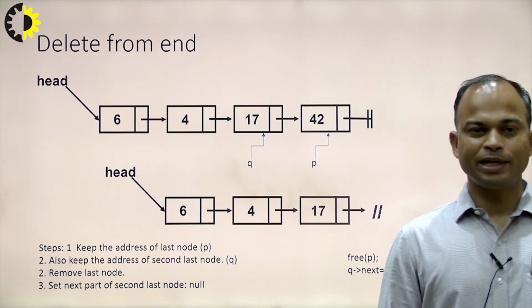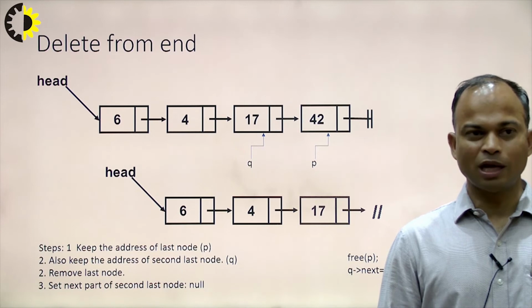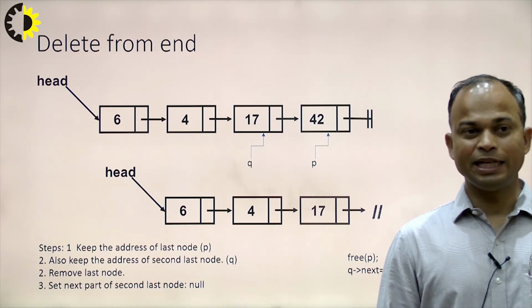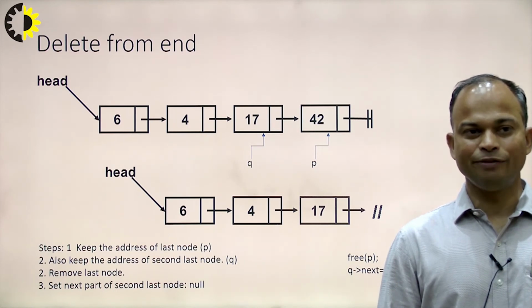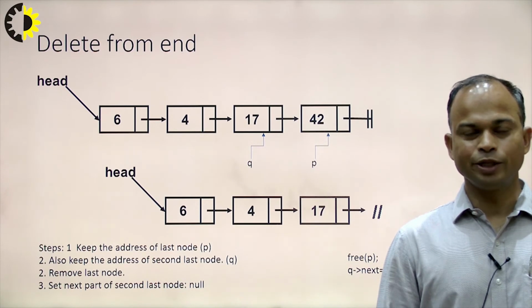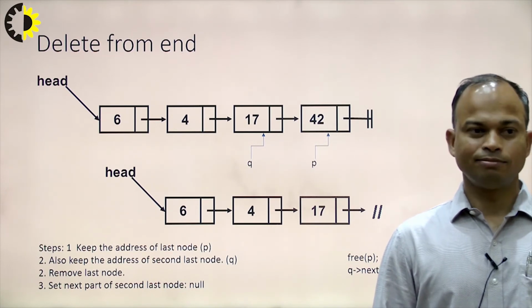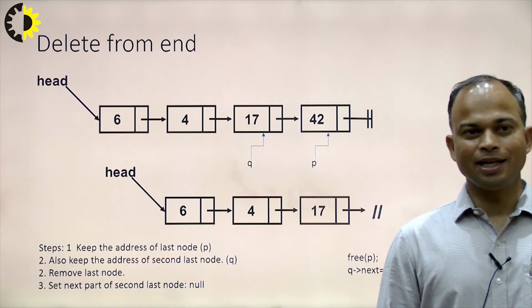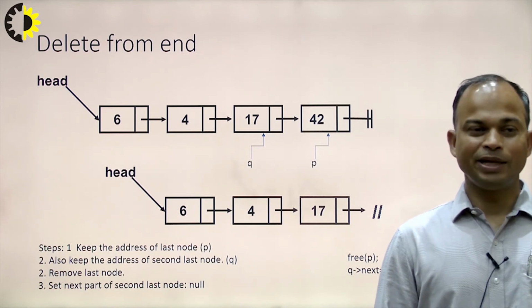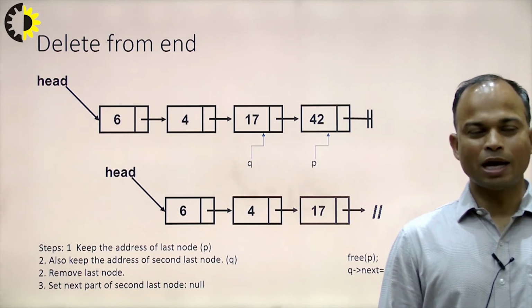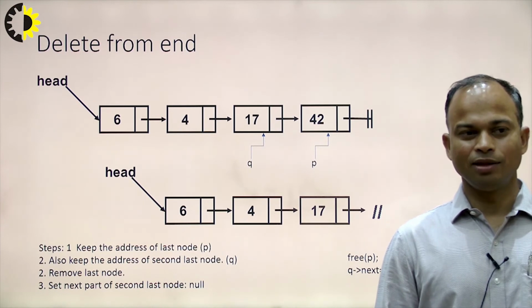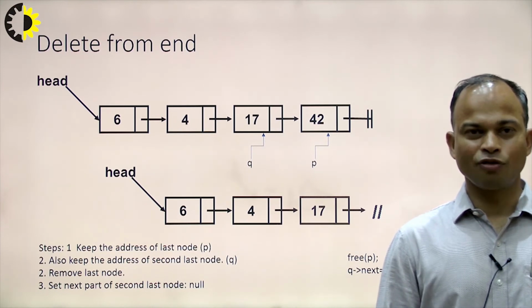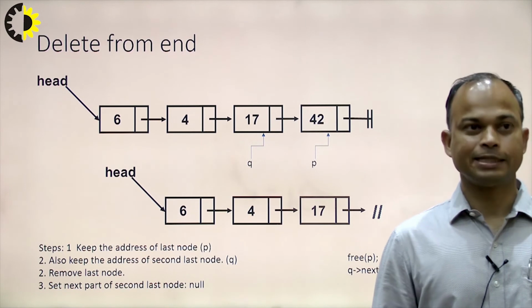We want to keep the address of the just previous node also, maintaining it in the pointer q, and now we may delete the last node and set q arrow next equals null. In this way we can delete the node from the end of the linked list.